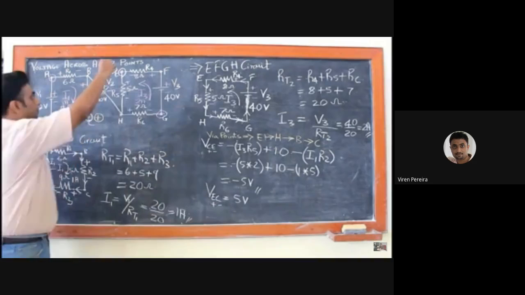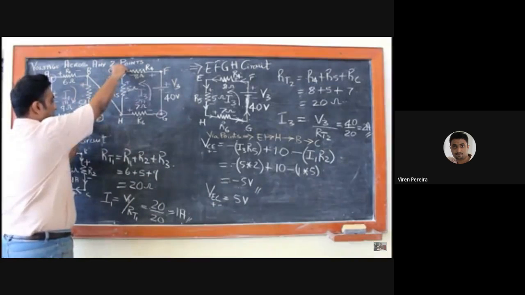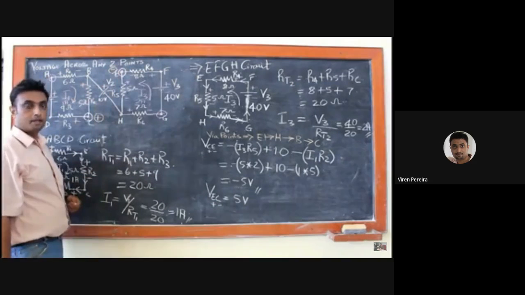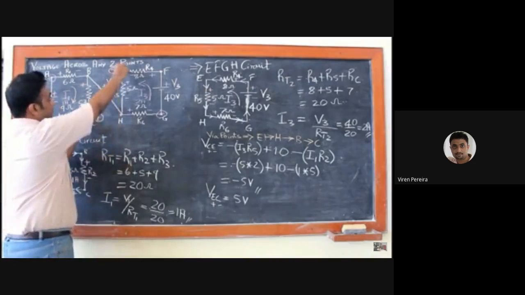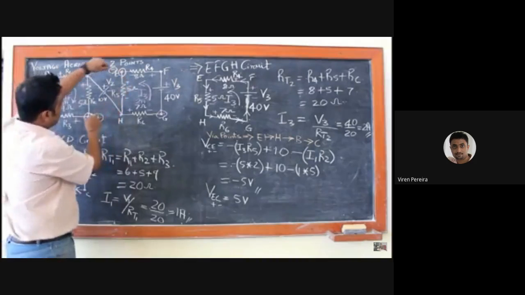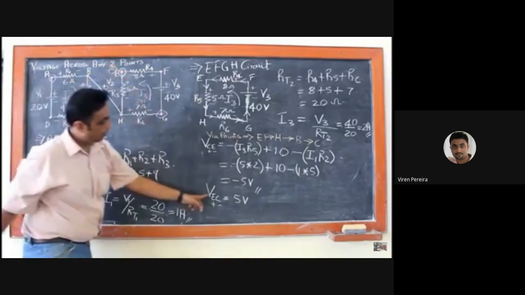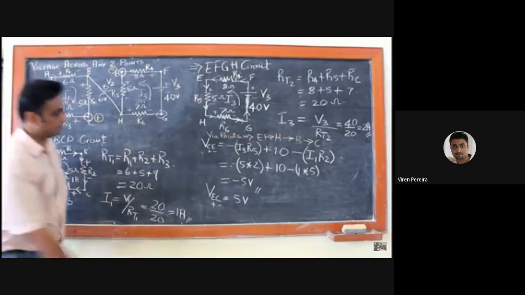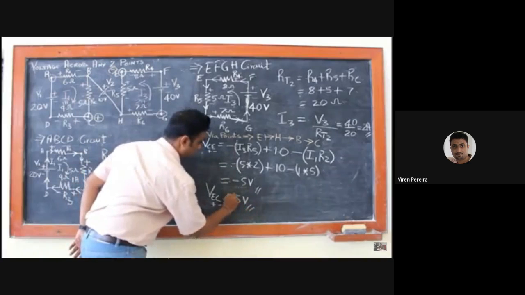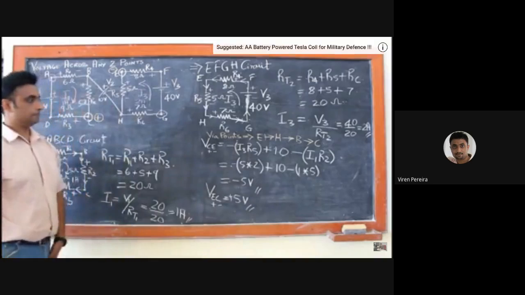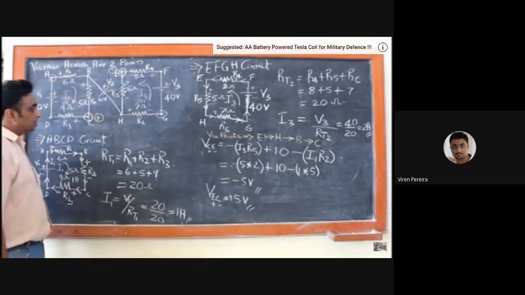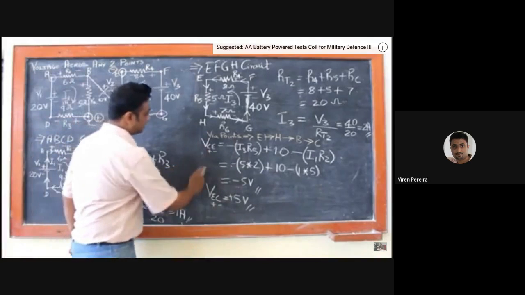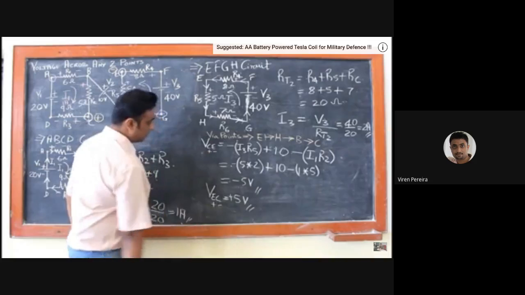So my positive terminal will be connected here, negative terminal will be connected here. So VCE will be negative, but if I shift both the terminals, my VEC will be 5 volts, which is a positive. So we found out the value of VCE and VEC.